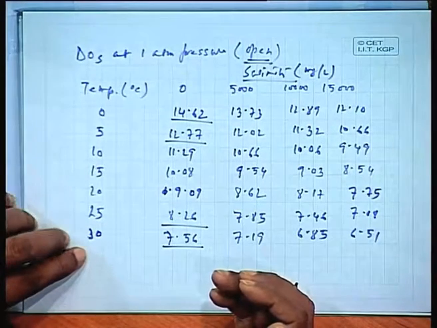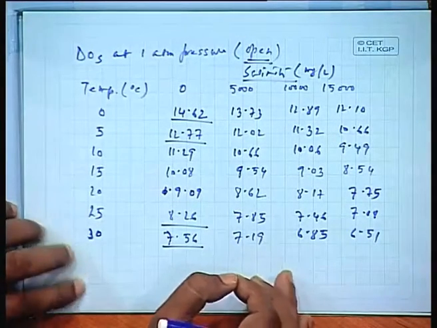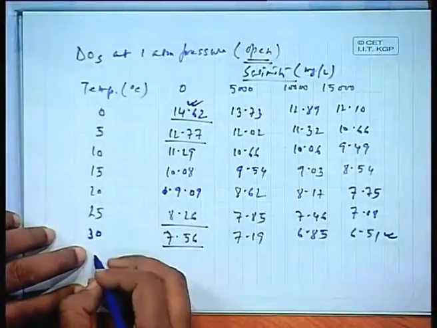Increasing the pressure would increase the solubility, essentially in all cases. So here, as you can see, this is the highest value that we get, and this is absolutely the lowest value in this case.